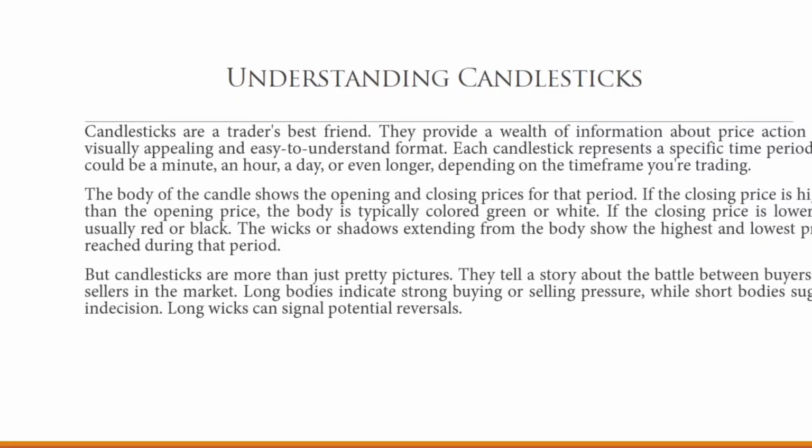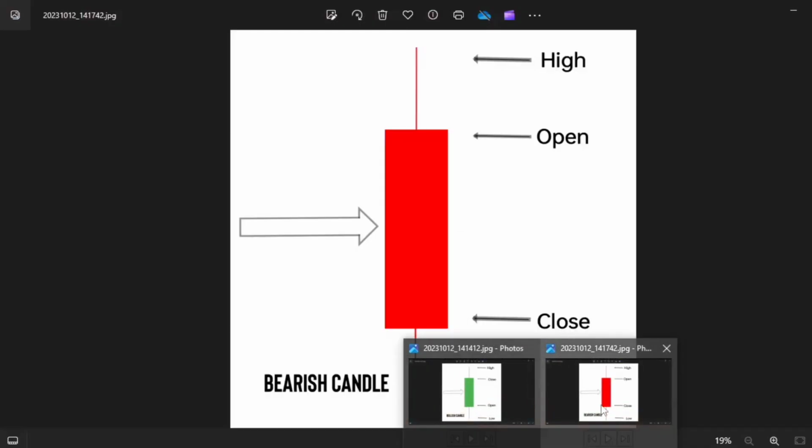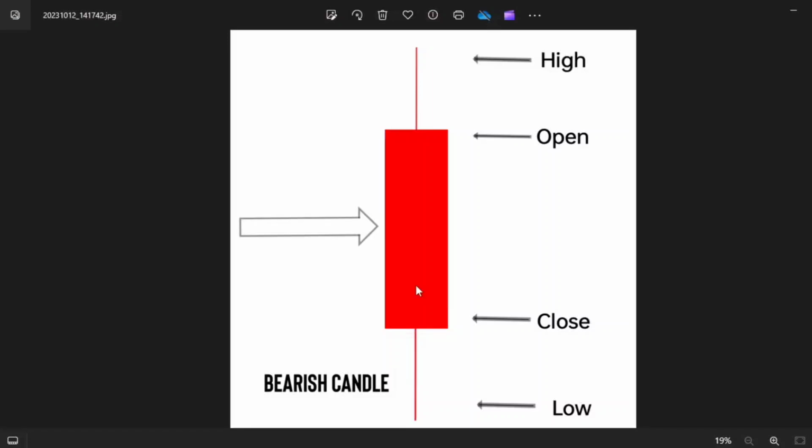But before then, I just want to explain what is on the screen practically, so that it can be clearer. If you look at your screen, this is an example of a candlestick.